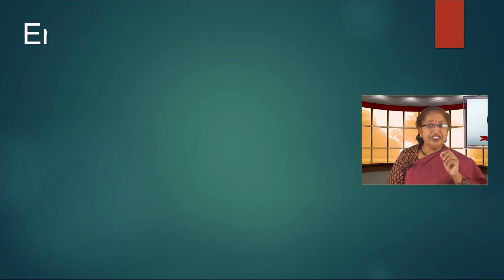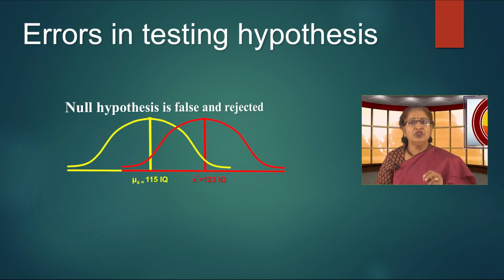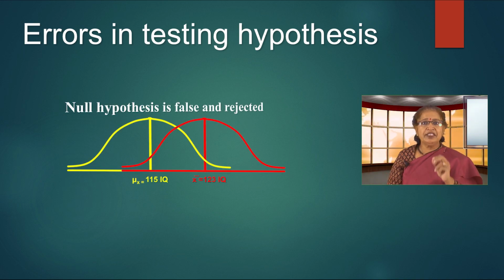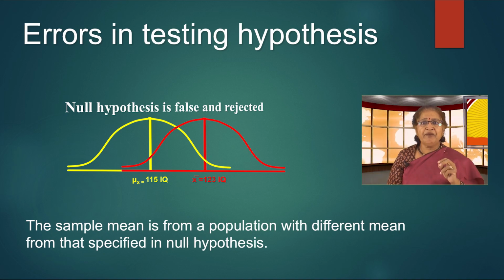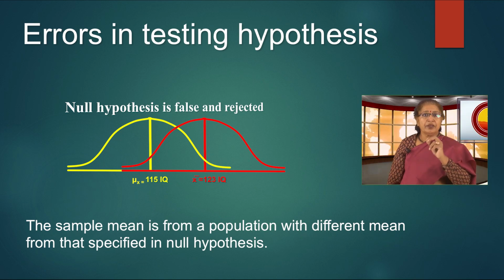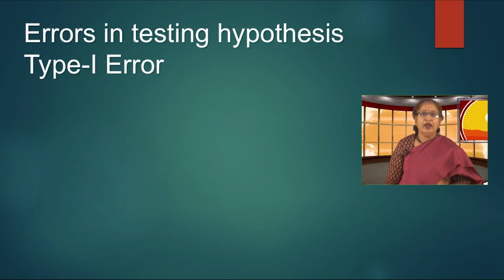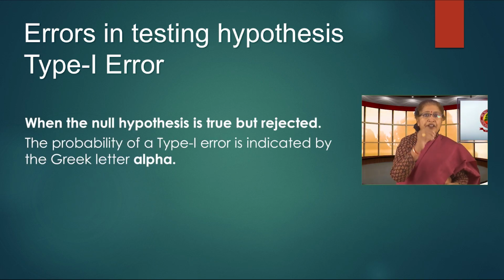Therefore, it seems more reasonable for the researcher to believe that this sample mean came from a population with a different mean from that specified in the null hypothesis. The probability of a type 1 error is indicated by the Greek letter alpha.